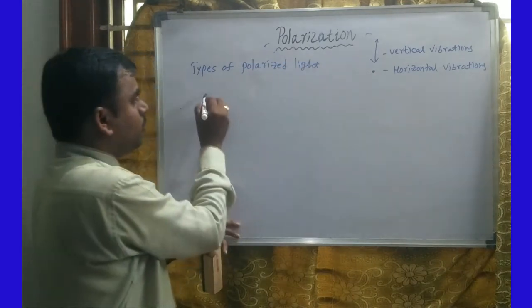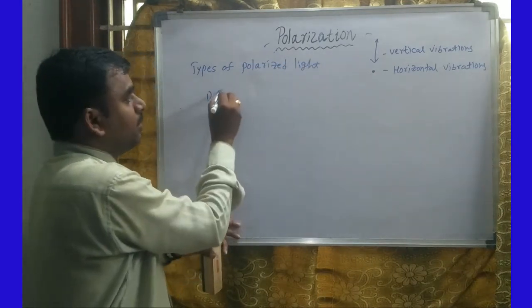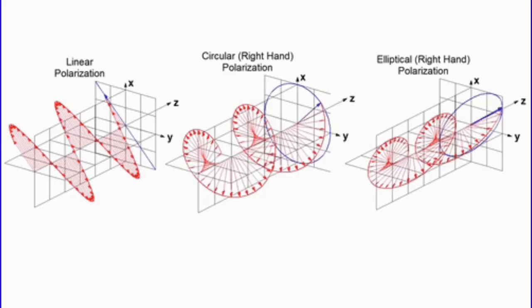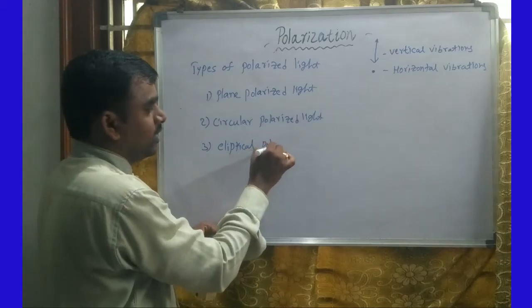How many types? Three types. One is plane polarized light. The second one is circular polarized light, and the third one is elliptical polarized light.